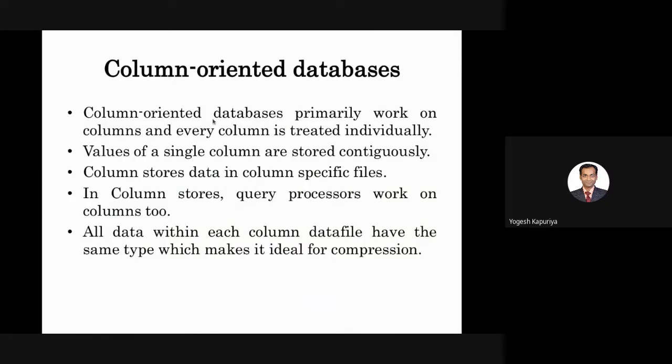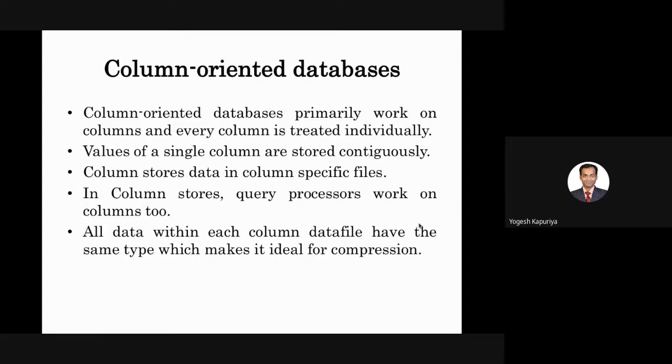It primarily works on columns, and every column is treated individually. It is stored in memory together: the values of all the rows for that particular column will be in memory together. Values of a single column are stored contiguously. I think we have discussed that the query processor will work on a column too.